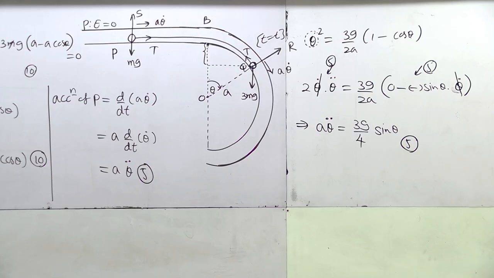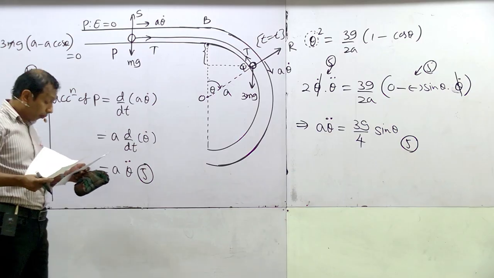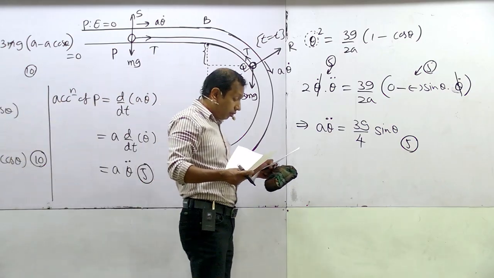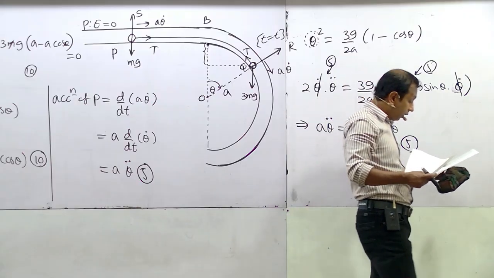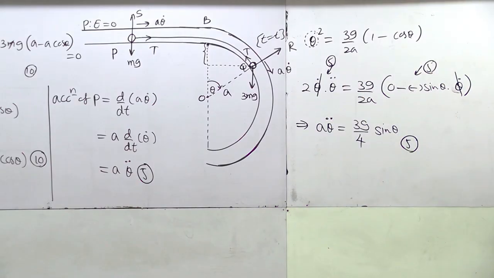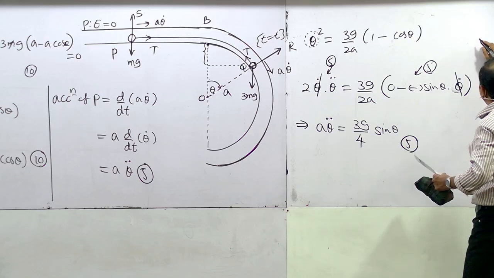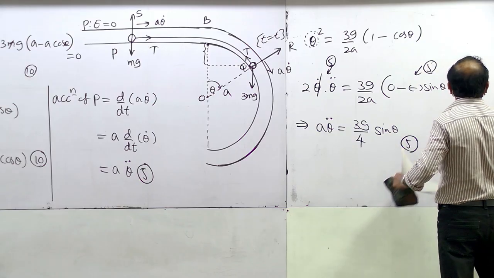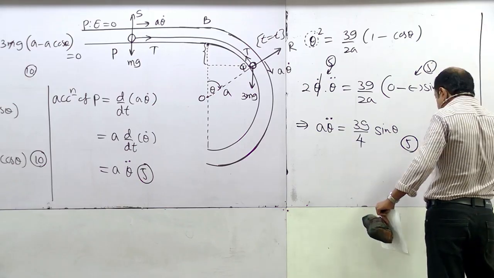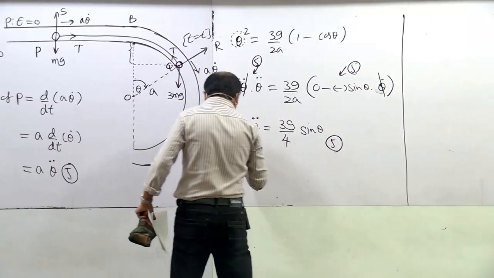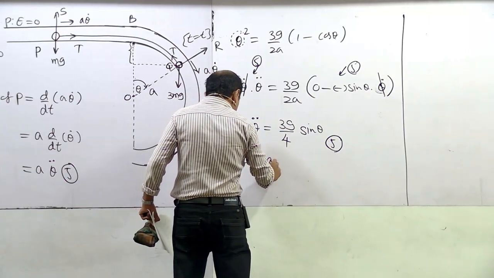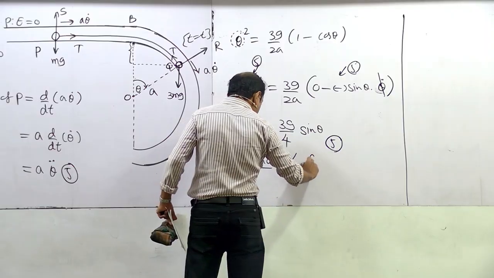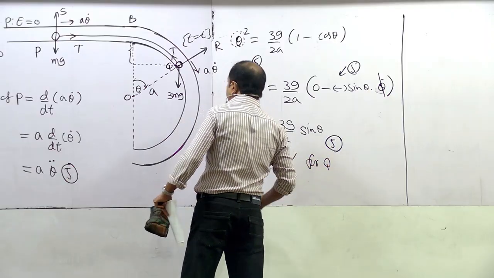Okay, next one. Asking what? Find the reaction from the tube on the particle Q and the tension in the string at time t. Right, now we can apply F equals ma for Q. F equals ma, we apply this way for Q. What do you get?